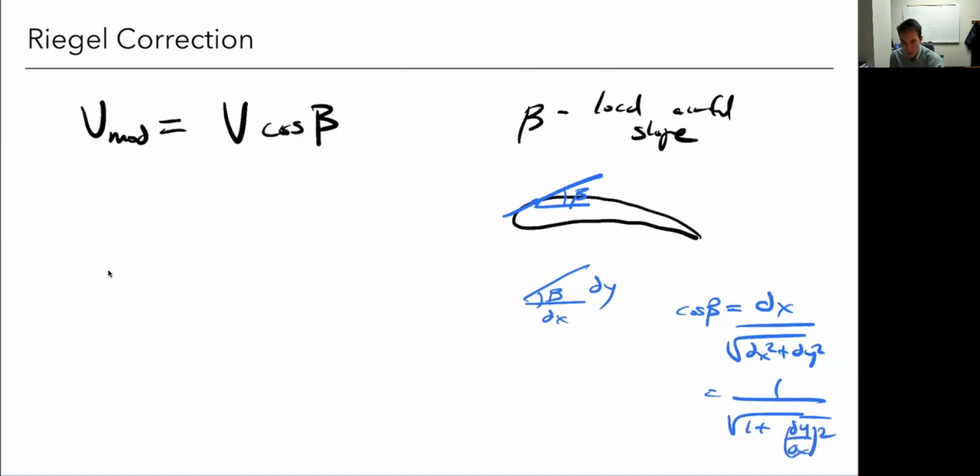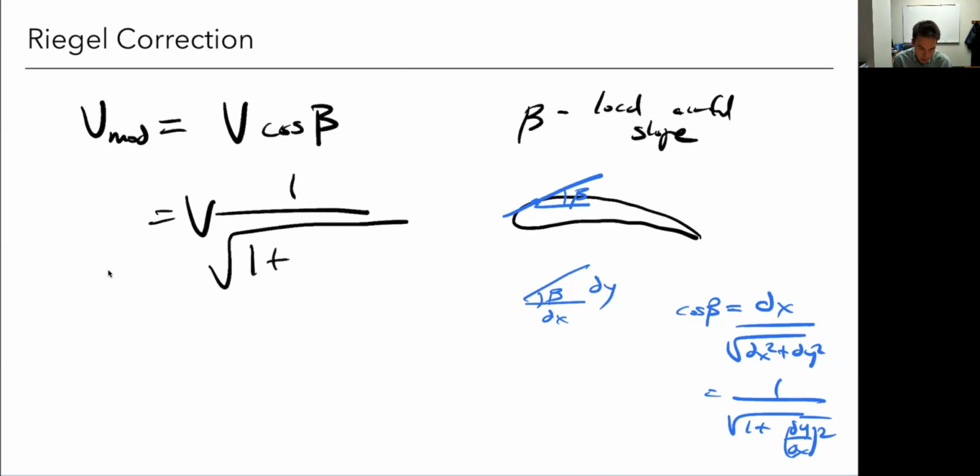I write it that way because that's the airfoil slope we actually are using. So we could write this as V times 1 over the square root of 1 plus, and then this is that airfoil slope, (d y bar/dx plus 1/2 dt/dx) squared. Again, it just uses things we already have.